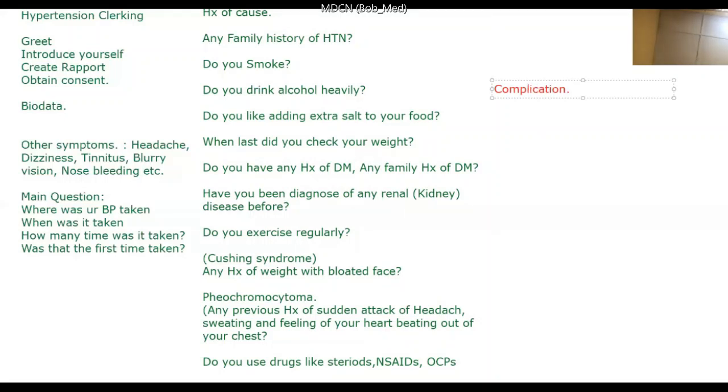So the complication can affect the brain, the CNS, the central nervous system. So if it affects the central nervous system, how do you want to rule it out? How do you want to ask questions regarding that? You want to ask about things like loss of consciousness. Maybe you want to ask the patient, have you ever felt loss of consciousness or convulsion before?